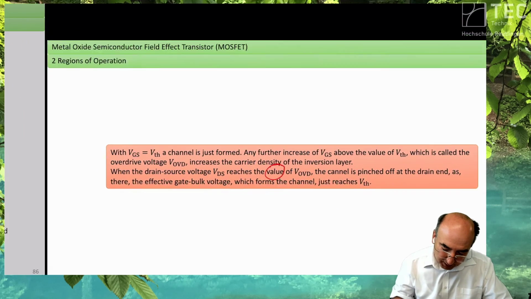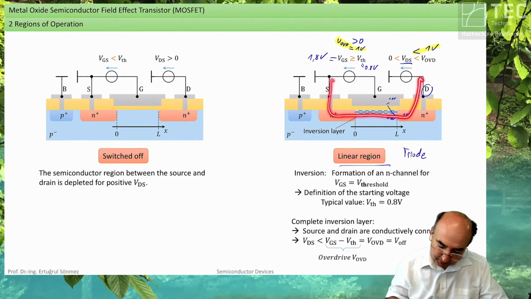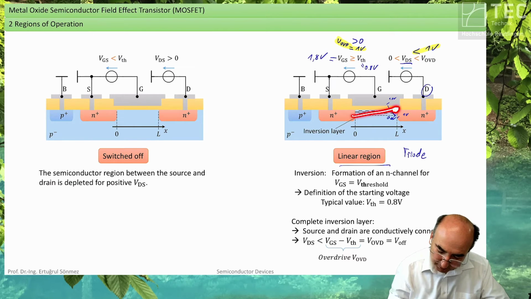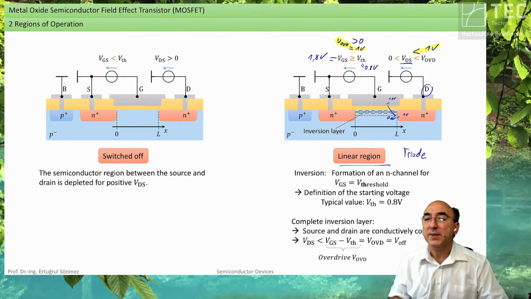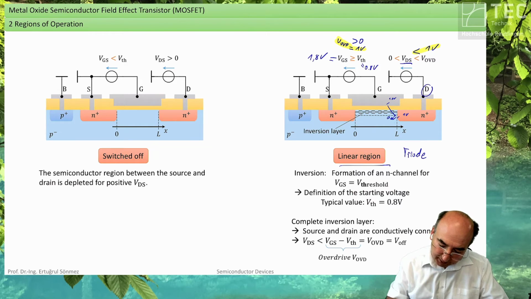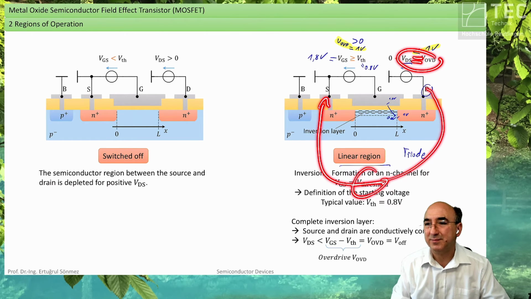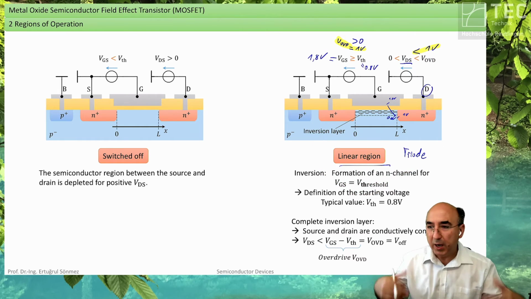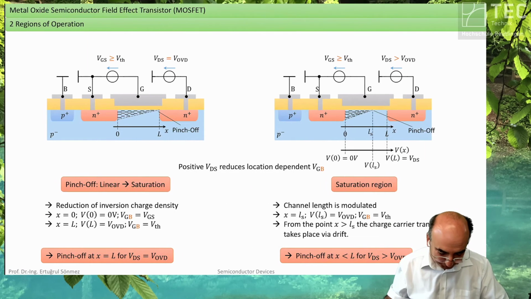Okay, so be aware that a transistor's channel is pinched off at this end if this potential difference reaches the threshold voltage. And this happens if you apply a drain source voltage equal to the overdrive value. Okay, so I have many times repeated, now I stop repeating it. Now we will use it.